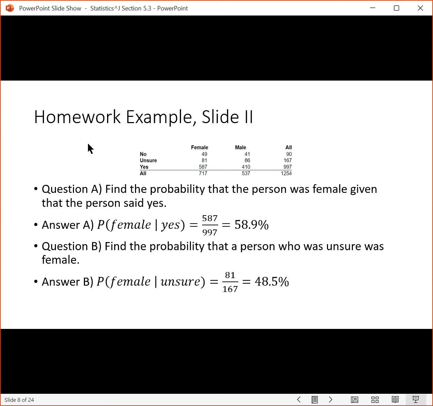All right, let's just recap. Find the probability that a person was female, given that the person said yes. So female, given yes, we take yes, 587 female, 997 total. Find the probability the person who was unsure was female. Now we've got unsure as the condition, and we're finding female. So we take unsure, that's this row, and then we take the number of females over the total number for the row.